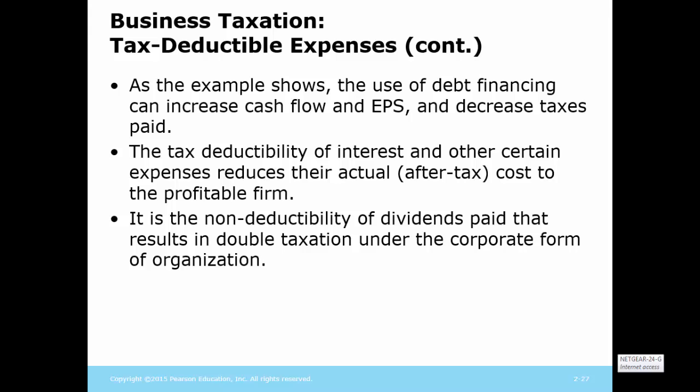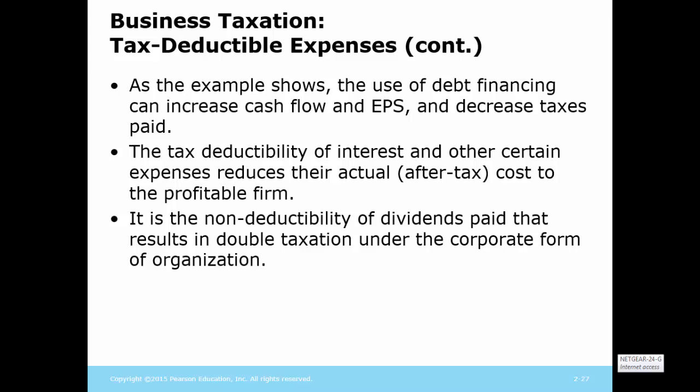So the tax deductibility of interest reduces the actual after-tax cost. Essentially what we're saying here is that when you have debt and you have to pay interest, since it is tax deductible, the government is essentially subsidizing some of the expense of borrowing.